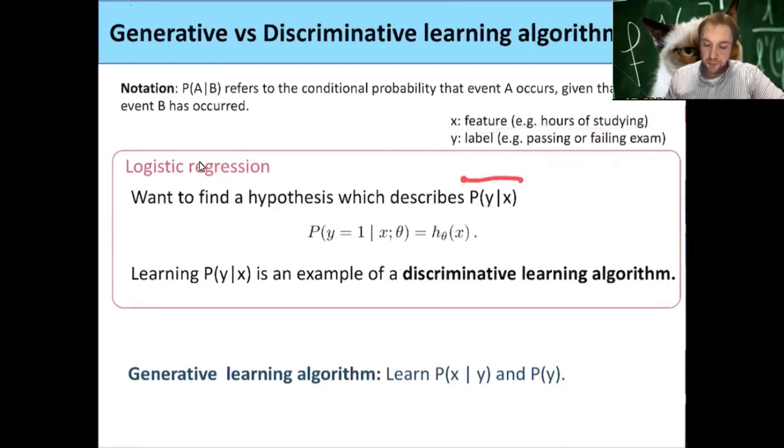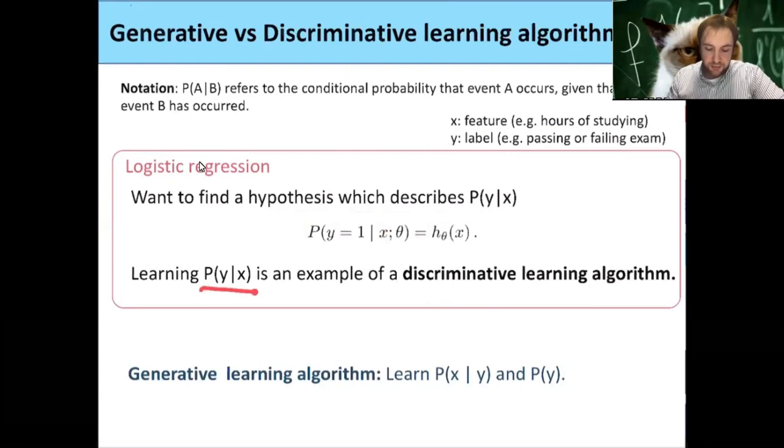We wanted to describe the probability of passing the exam, assuming that we studied such and such hours. So we want to find some function, the hypothesis h_theta, which describes the probability of passing the exam under the assumption that we studied x hours.